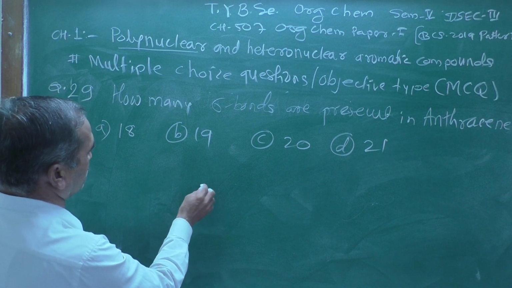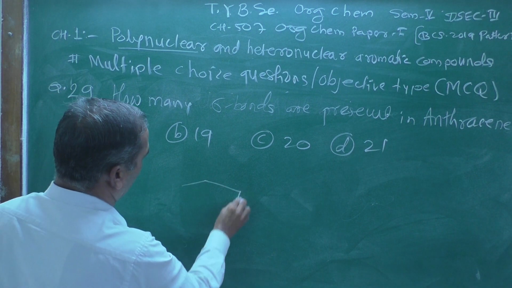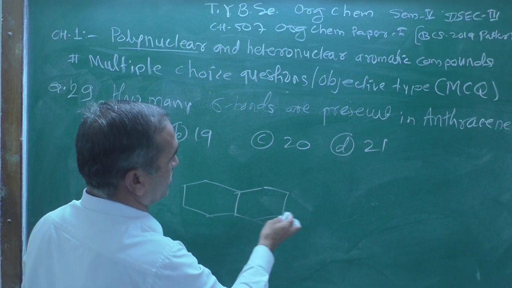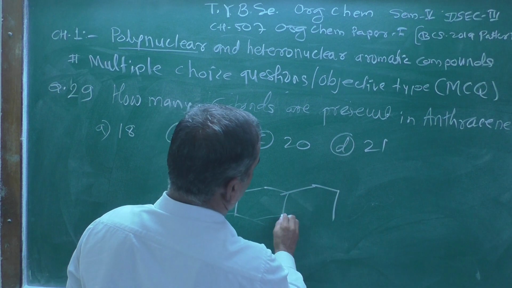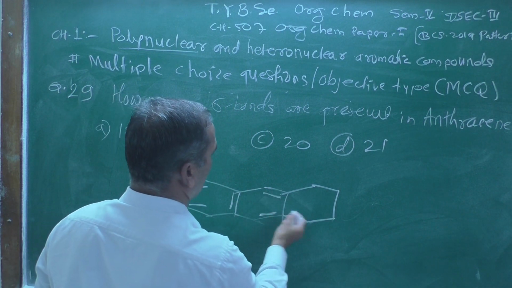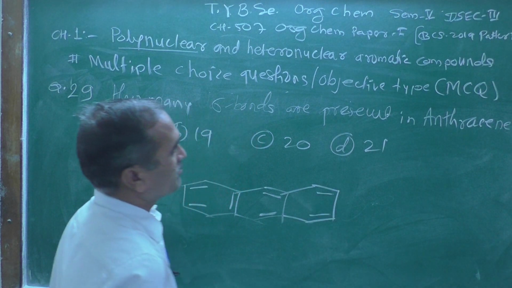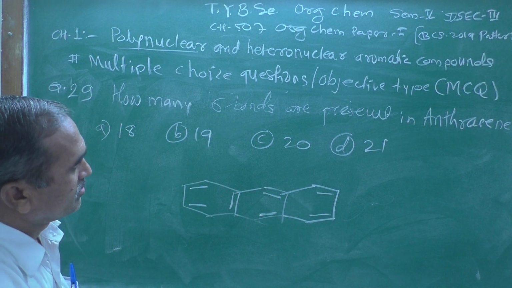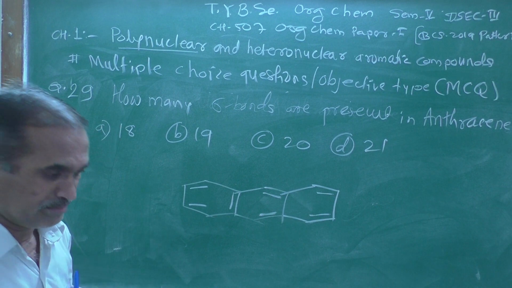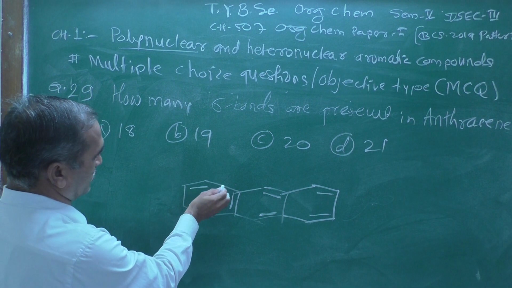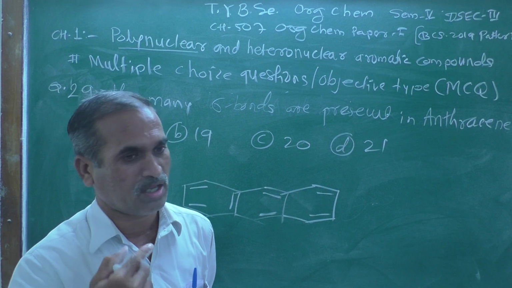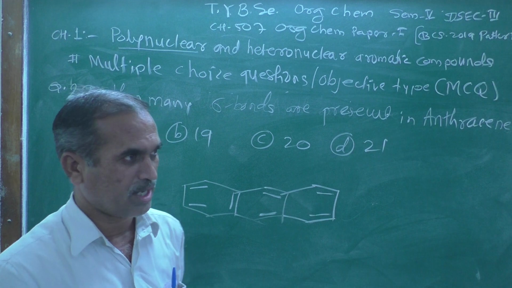So let's draw the structure of anthracene first. This is a structure of anthracene. Now sigma bond means single bond, whether it is a carbon-carbon or carbon-hydrogen bond.